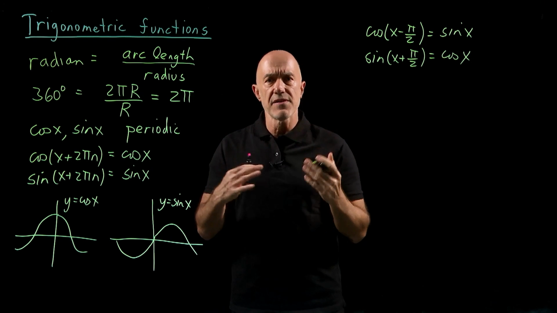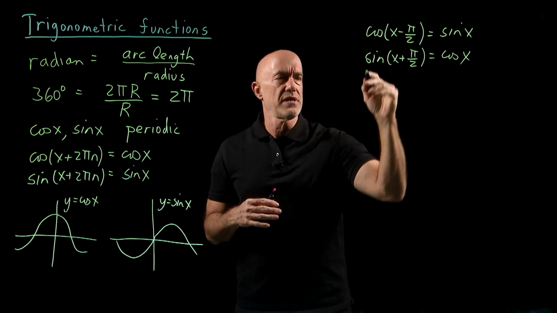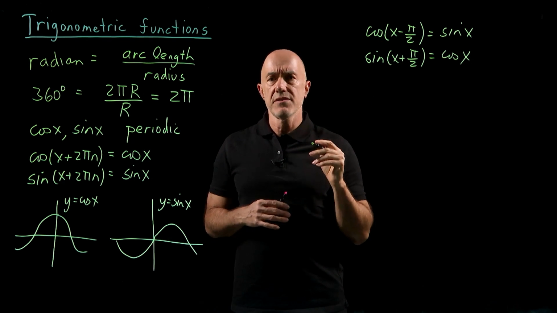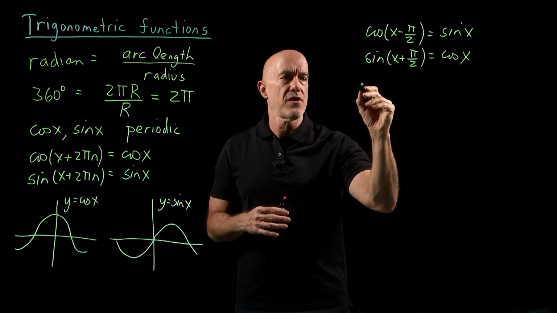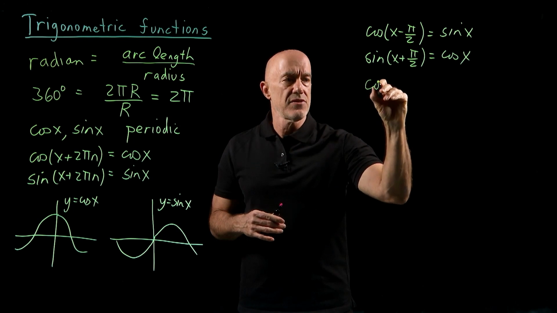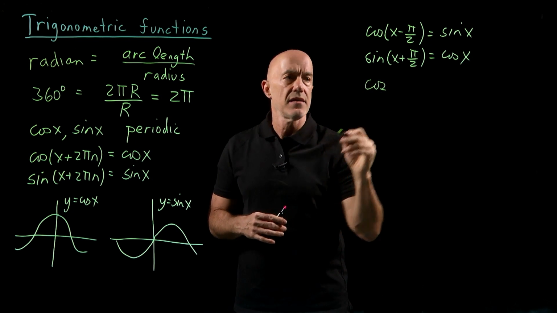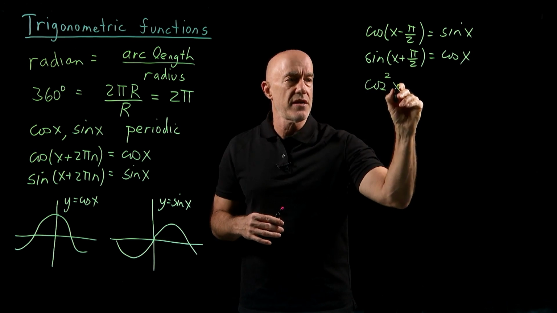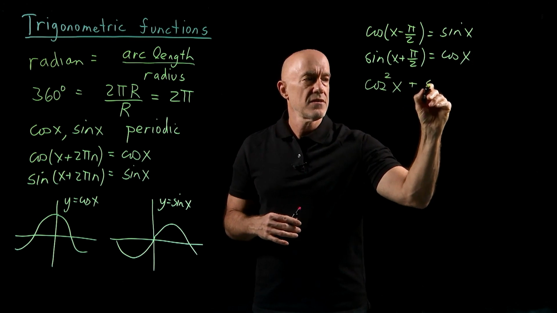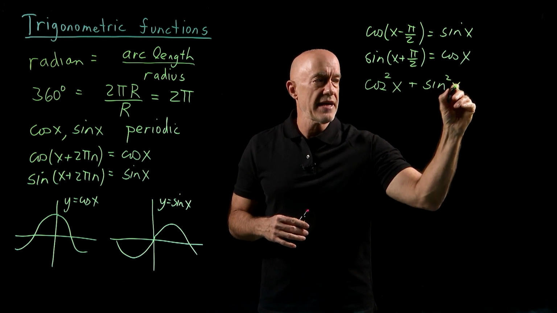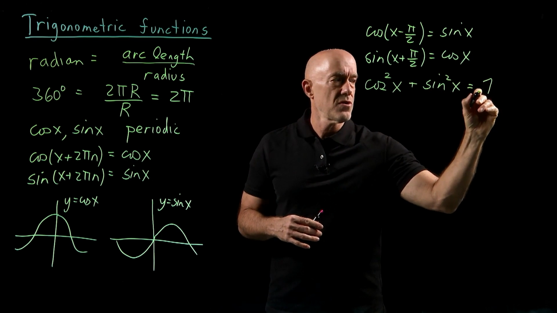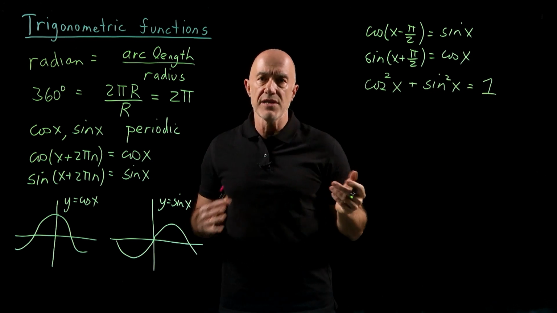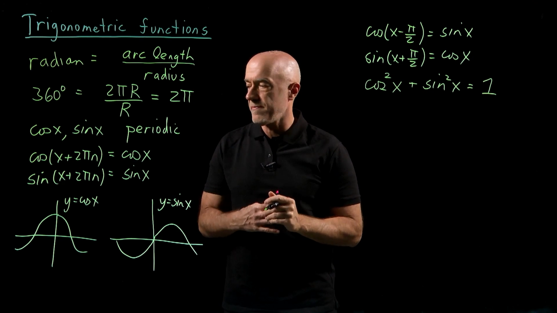The other fundamental relationship between these functions is the Pythagorean theorem, which goes, in terms of the cosine and the sine, as cosine squared x plus sine squared x is equal to 1. And that's just an expression of the Pythagorean theorem.